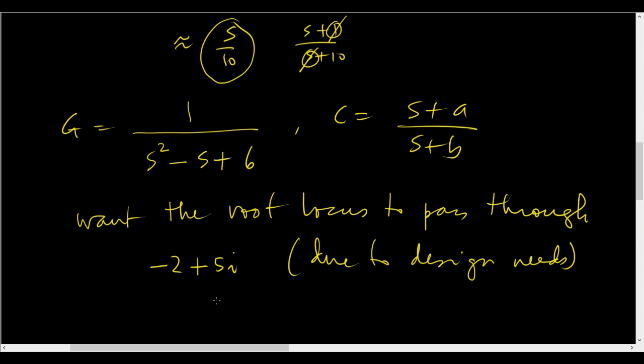Okay, so how do we choose a and b? It seems that we have two parameters to choose.